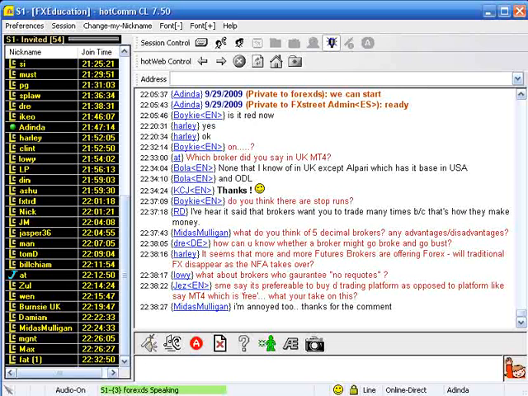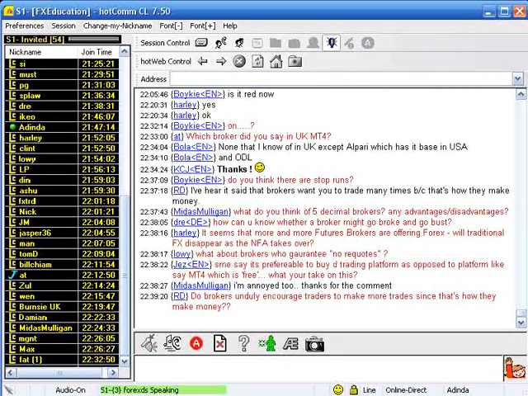I think the NFA may have an agenda, which is to make spot or over-the-counter FX go on exchange, just like the futures market, where there is only one price and they can regulate it much more easily. It will not be an easy task for the NFA to accomplish that. They put up a lot of barriers, and they keep doing that, increasing the capital requirement even more: 20 million plus 5% of customer deposits.